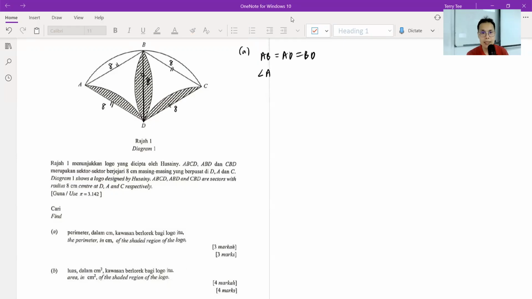So angle ADB is 60 degrees, or you can convert to radians, times pi over 180. This is pi over 3 radians. Okay, so it's important that you know that if this is 60, in fact, this is also 60 over here. I hope you can see. Maybe I should use a color pen here so that you can see this is 60 here.